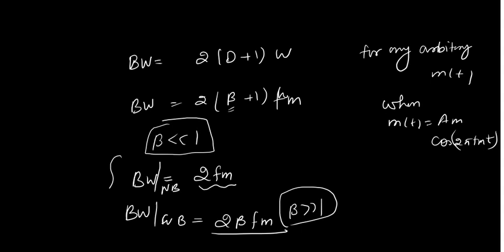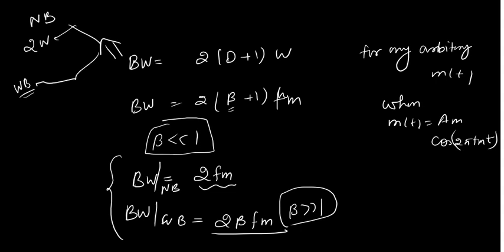So this thing you should remember. And similarly, you can say that the bandwidth of a narrowband signal for any arbitrary MT is 2W, and the bandwidth of a wideband signal will be 2 D W.